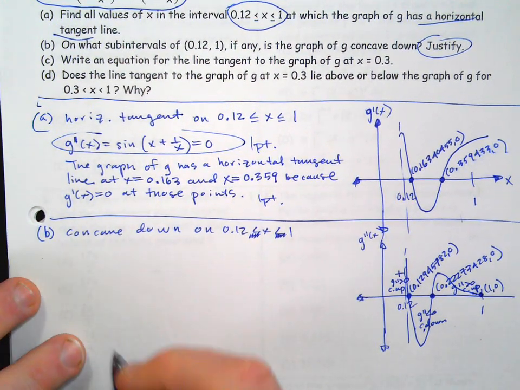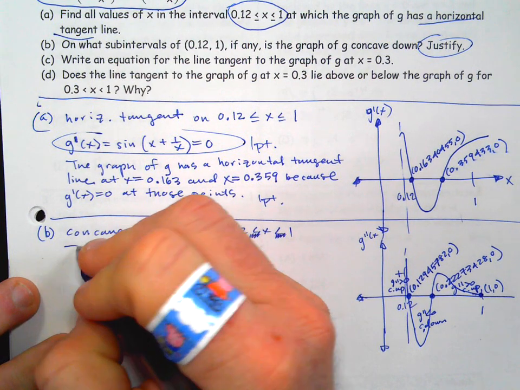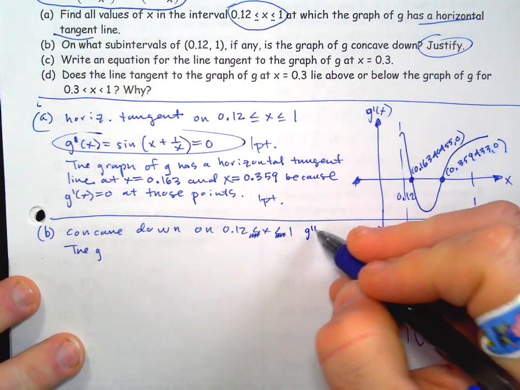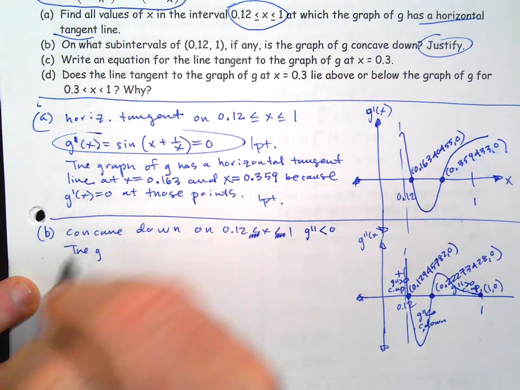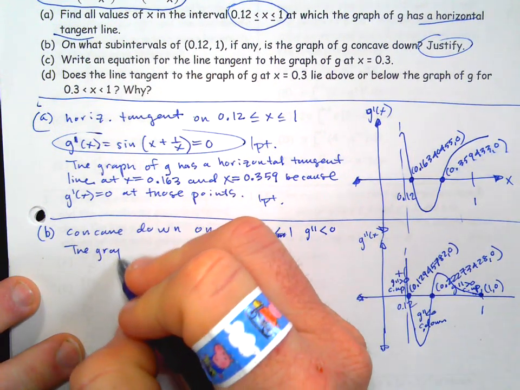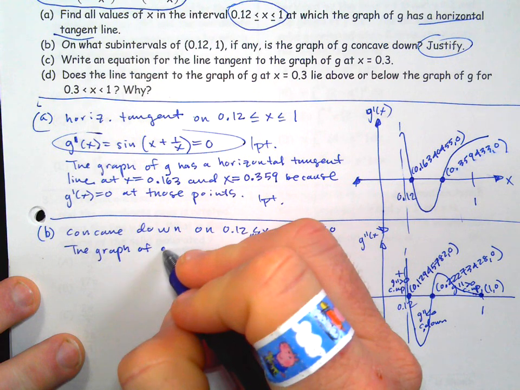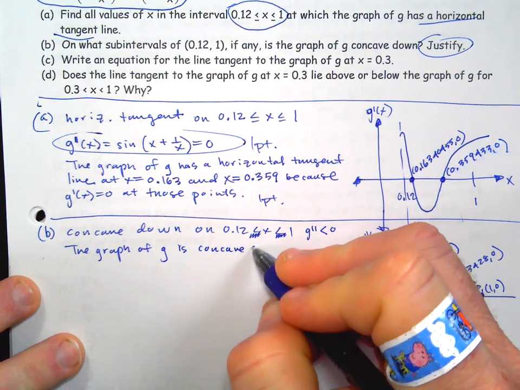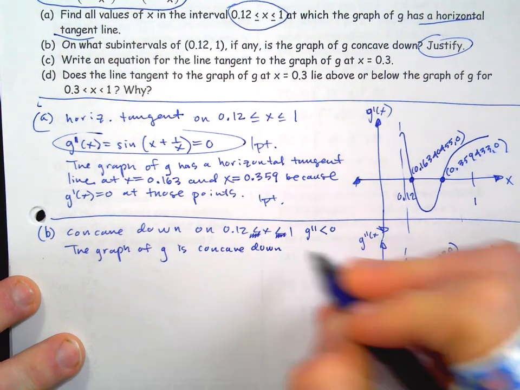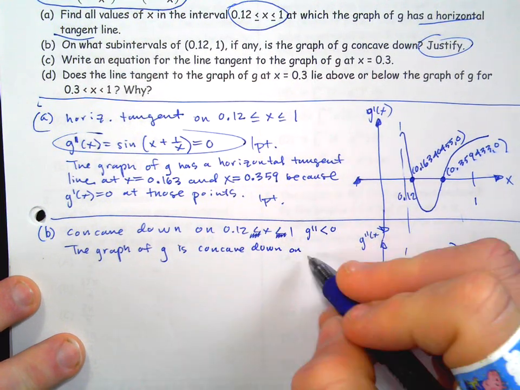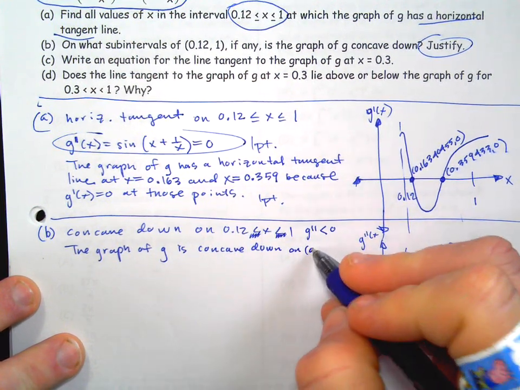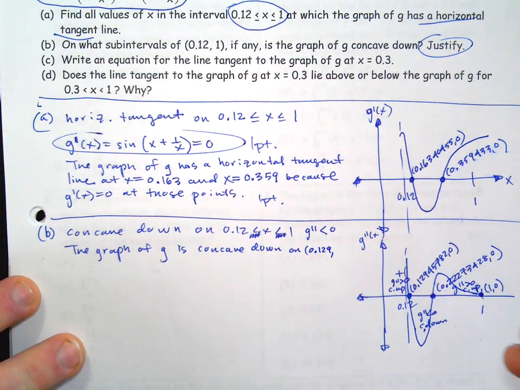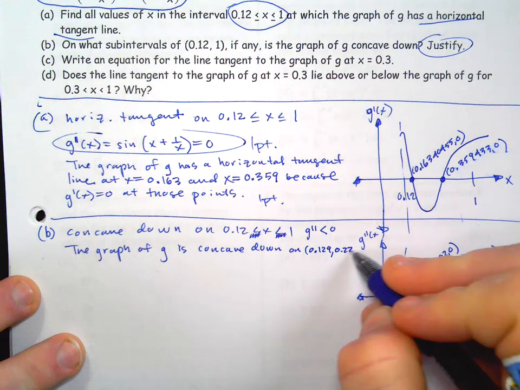You might even write a little note to yourself: we're looking for a negative second derivative, but we're going to put this all in words. The graph of g is concave down on 0.129, comma, 0.222.